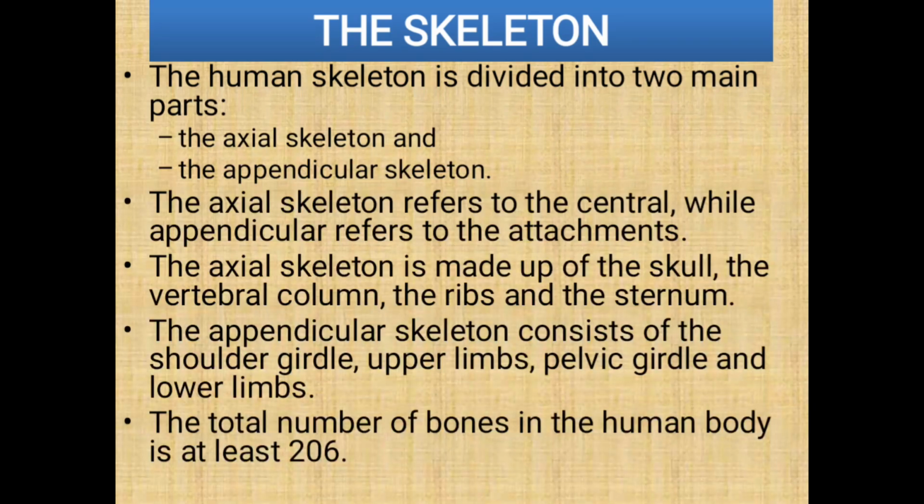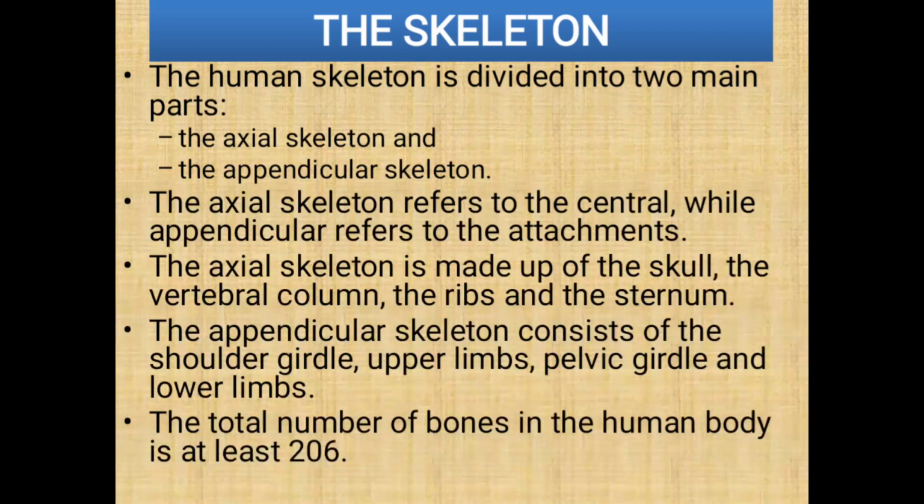So continuing in our review, the human skeleton is divided into two main parts: the axial skeleton and the appendicular skeleton. Axial skeleton refer to the central, and the appendicular refer to the attachments. Axial skeleton is made up of the skull, the vertebral column, the ribs and the sternum.